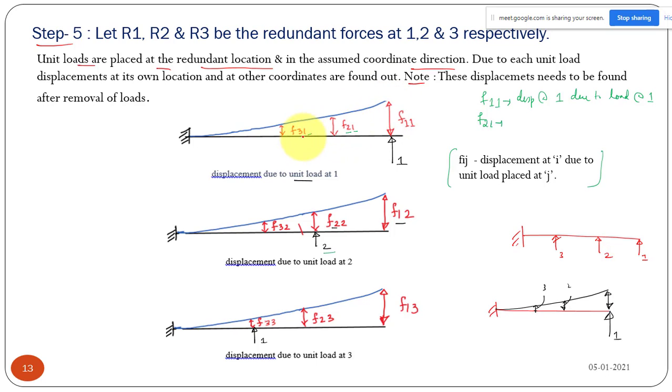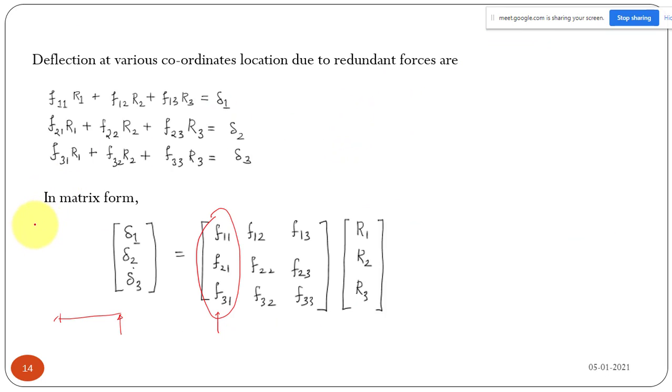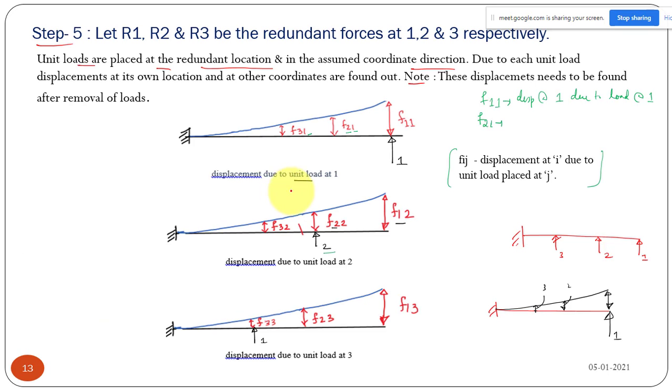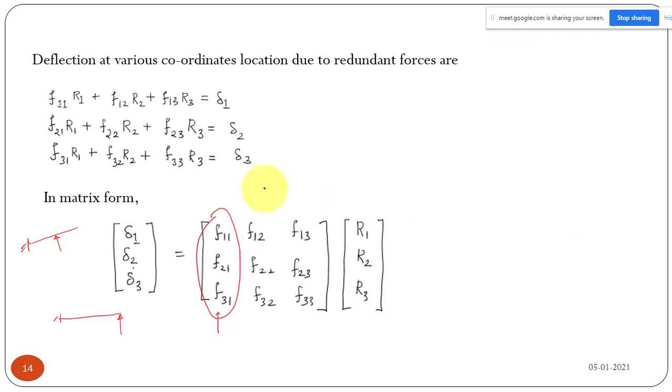Next, you apply your unit load at coordinate 2, and you get all three deflections F12, F22, F32. That is simply your second column.